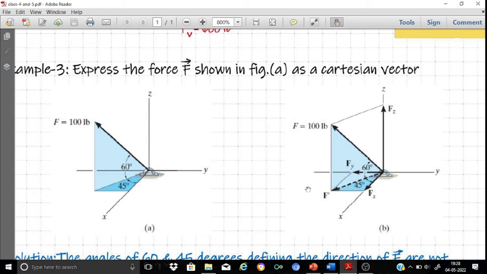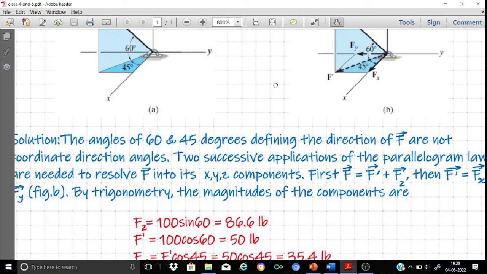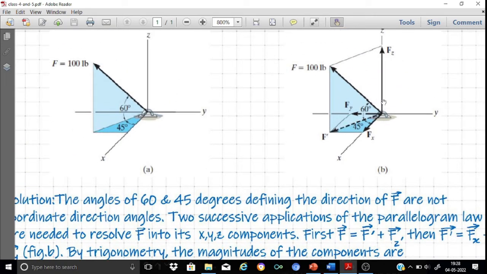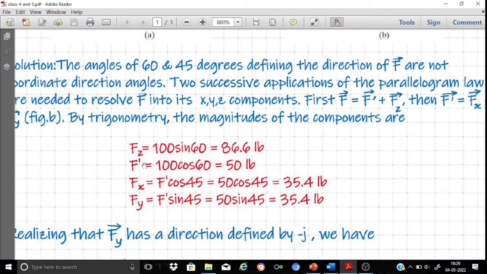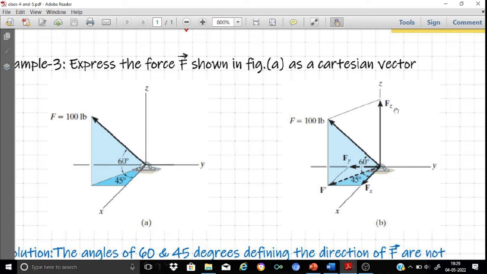So the first application of the parallelogram law gives us Fz, simply using our basic trigonometry, as 100 sin 60. And F dash, the magnitude of F dash, is 100 cos 60. So we obtained F dash as 50 lb and Fz as 86.6 lb.